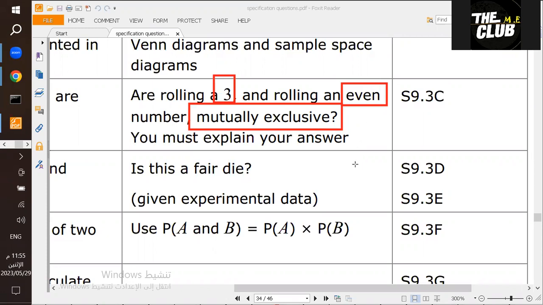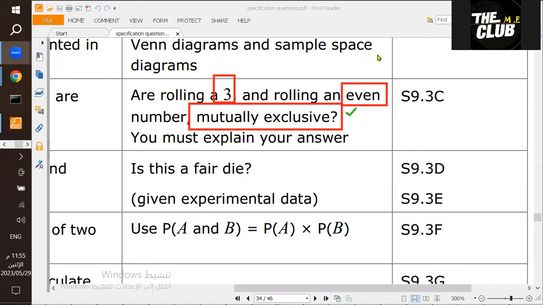If the die lands on a number, can it be 3 and an even number at the same time? It can't, so they are mutually exclusive. When you explain this, you say because they can't happen at the same time.